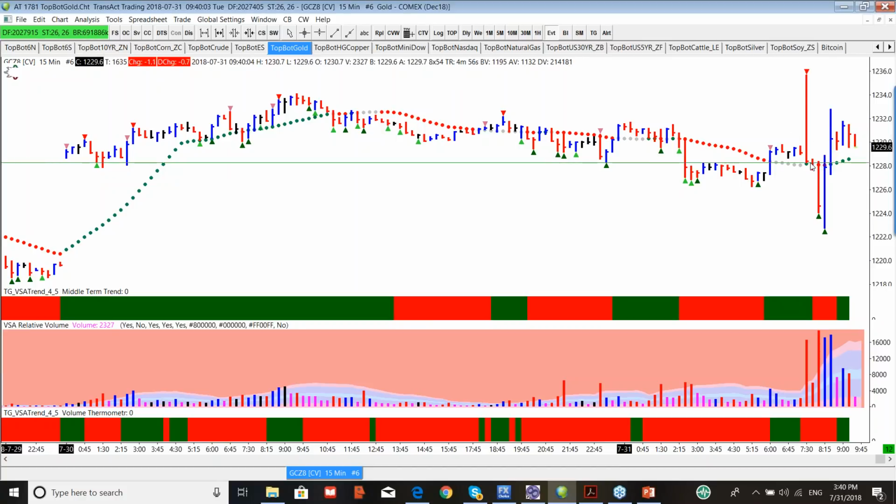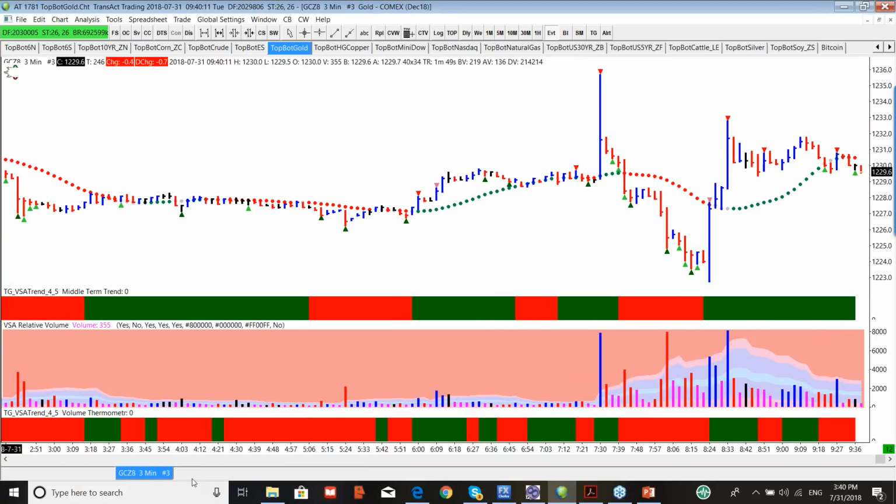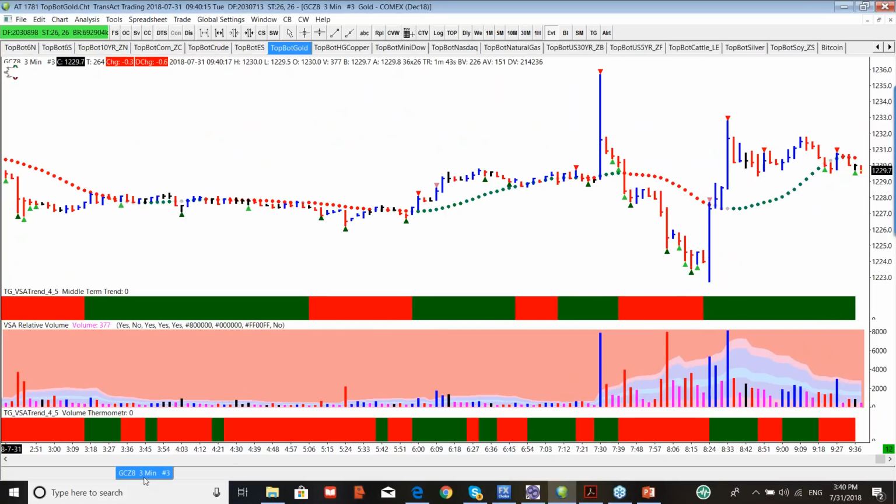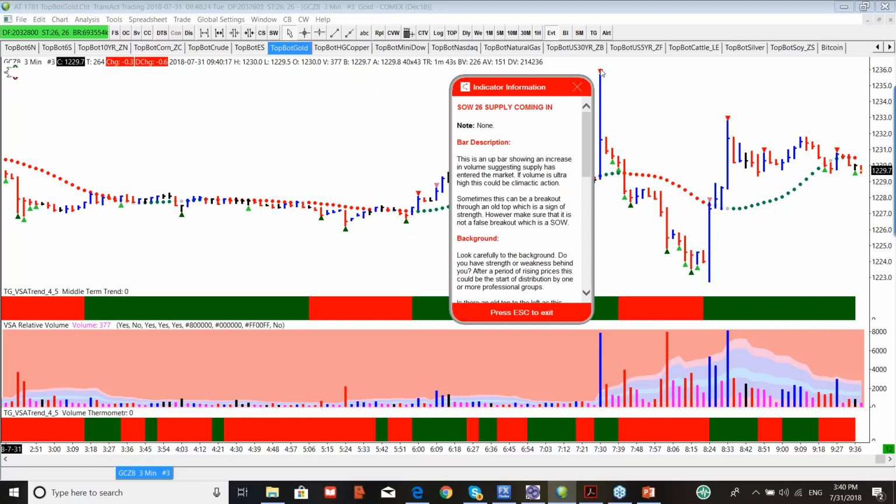You mark the low of the bar. So we know the low is around 12.28, approximately 12.28.2. We then jump down to the smaller time frames to look for a change in behavior and look for any signs of weakness to confirm this. So here we've got the first sign of weakness at the top here.